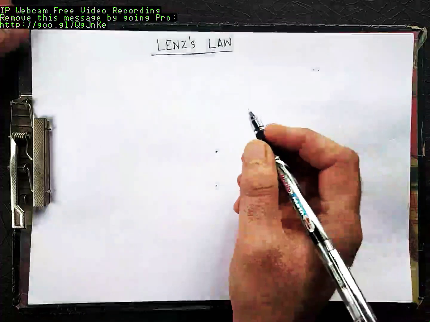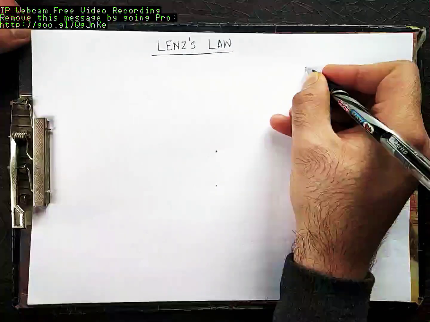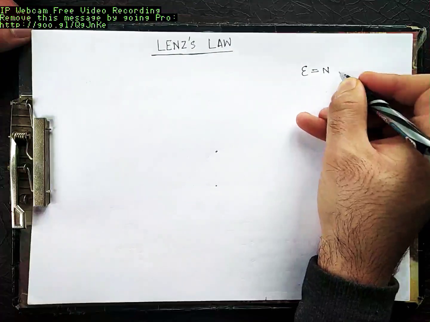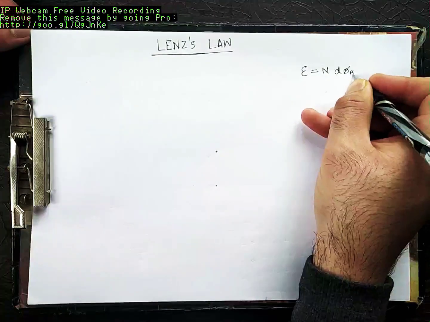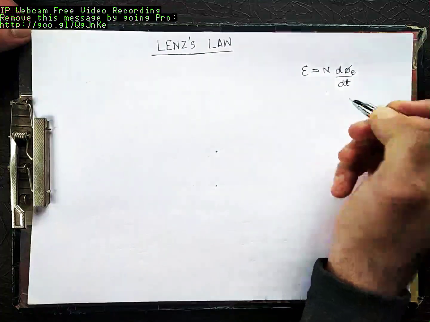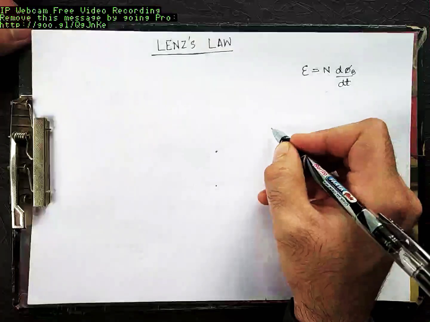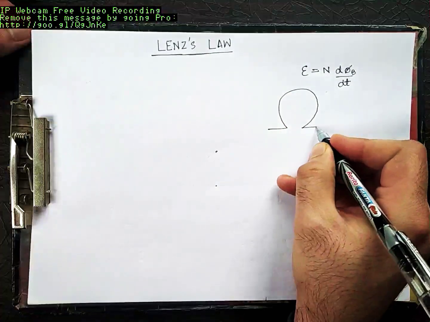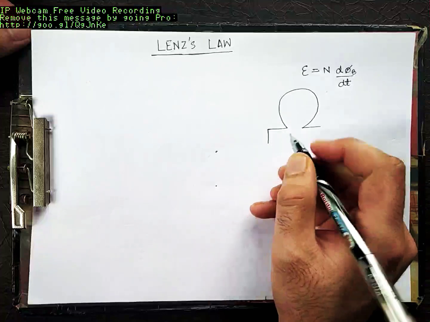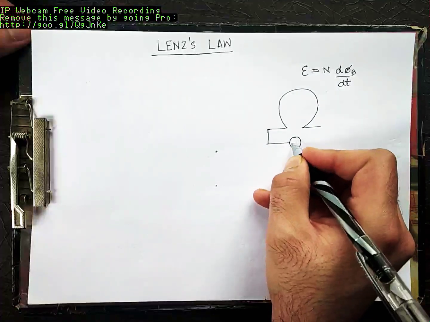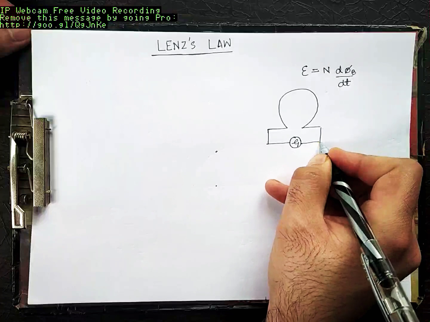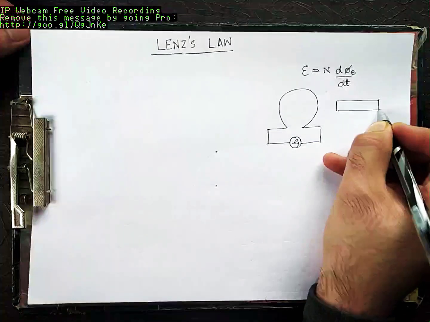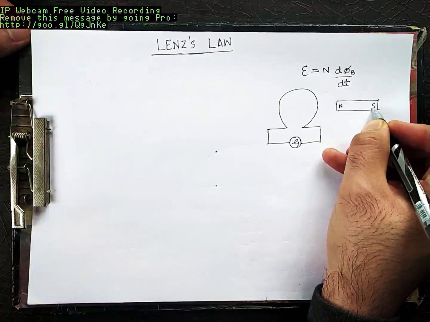Now we already know that the induced EMF E in a coil is equal to the number of turns N times the rate of change of magnetic flux. Let's suppose this is a coil, and you are connecting a galvanometer here to detect the current. You are using a magnet with north on this side, south on this side.